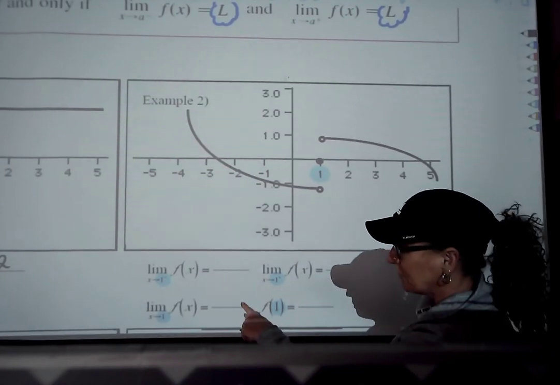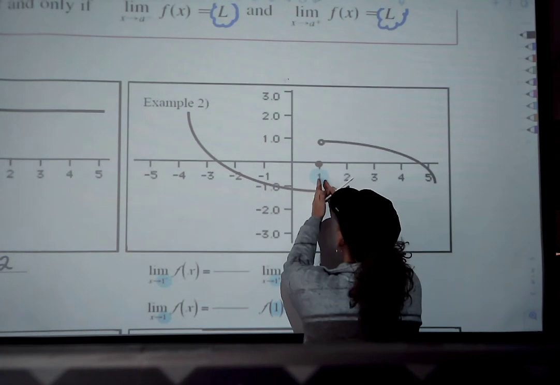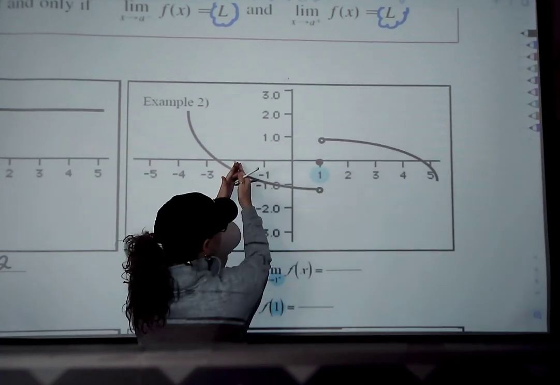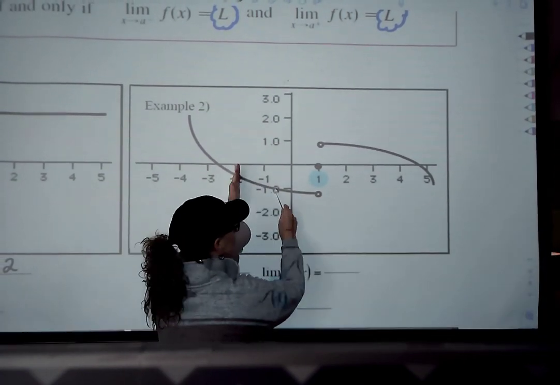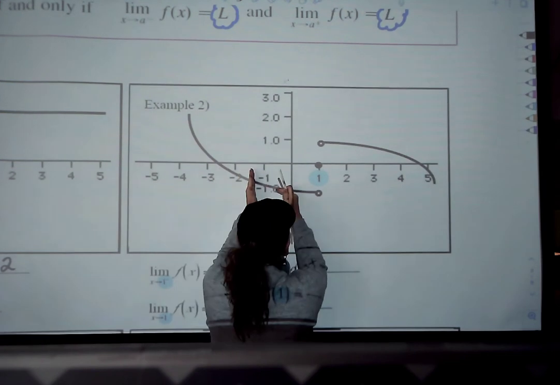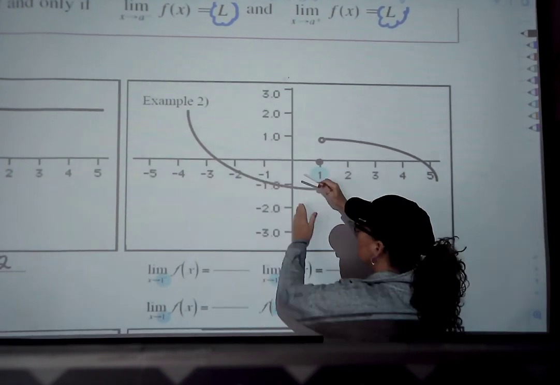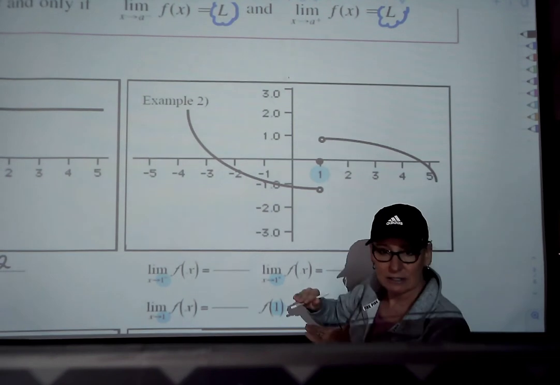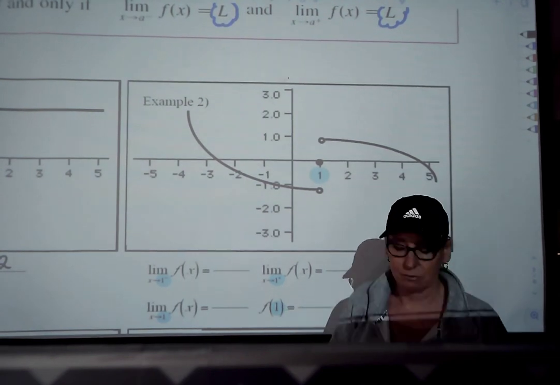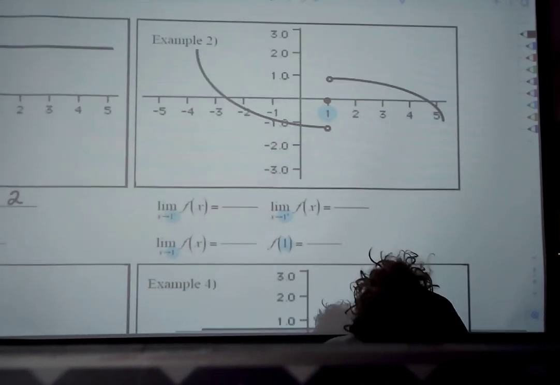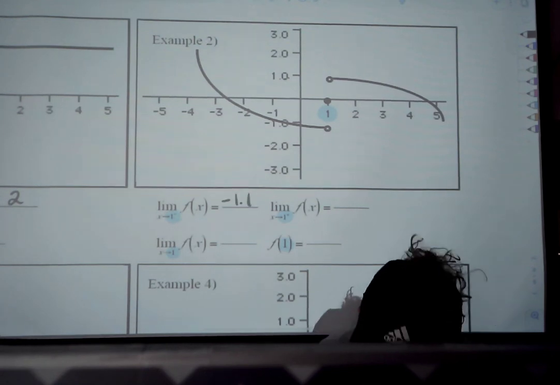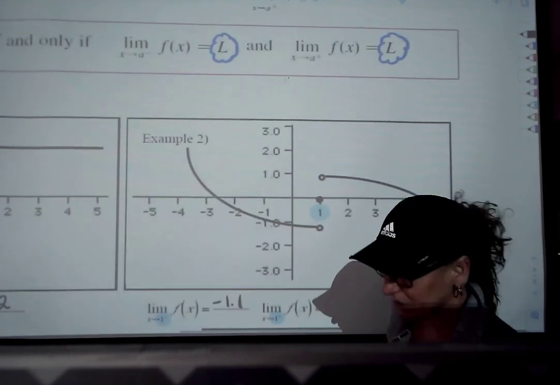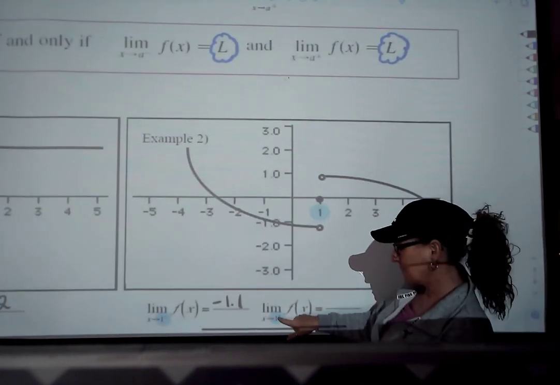The limit as x approaches 1 from the left. Here's 1, jump to the left. Where do my y's look like they're headed? I'm coming back toward 1. The graph gets lower and lower and lower. I think my y's are headed to about negative 1, like negative 1.1-ish, whatever. From the right, the limit as x approaches 1 from the right.